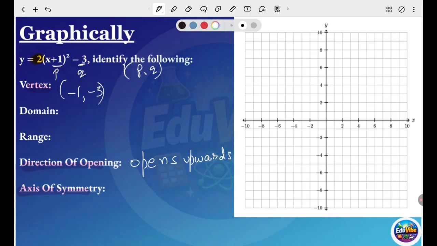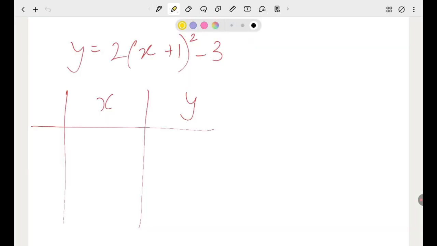What about the domain and range? We will discuss them later. Let's make the graph first. How can we make the graph? For this, we have to make a table of values. For graphing, we only need two to three coordinates to make the parabola, and then we can estimate the axis of symmetry and the other things.